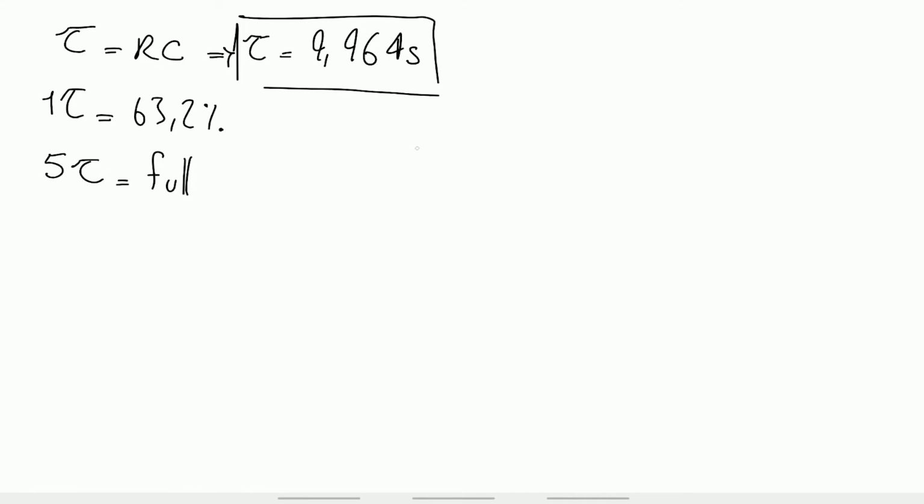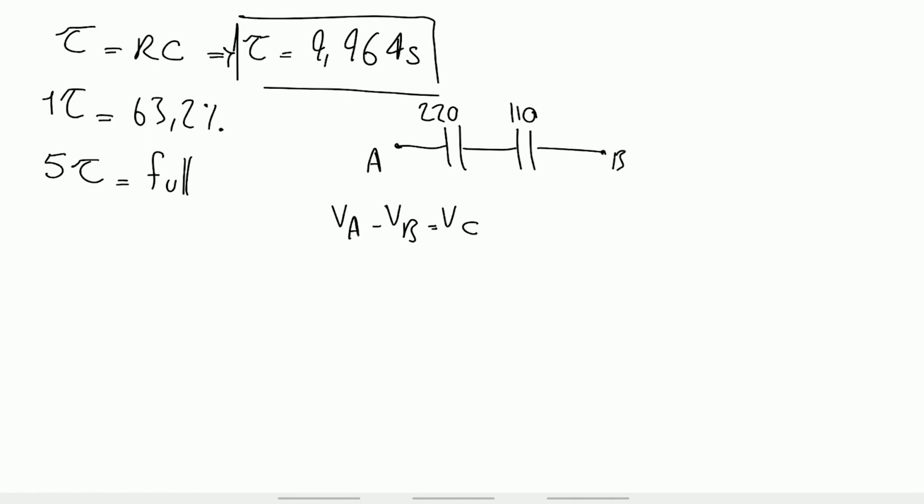So we know that our circuit is something like this. And we know that VA minus VB equals VC. So due to our calculations, C1's voltage is V1 equals V0 over 3. And we consider V0 as 12 volts.